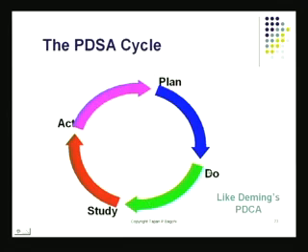This is somewhat different from what Deming ended up saying. Deming said, you plan what you're going to do, some corrective action you're going to take, you carry it out, you look at the effect, and then you act, which is like taking the next step to come around. This is his PDCA cycle: plan, do, study or check, and act. PDSA or PDCA cycle. This was given by Edward Deming.